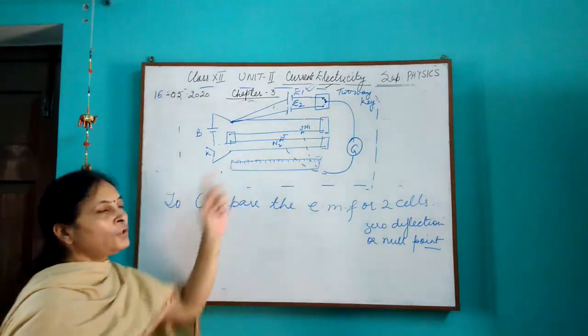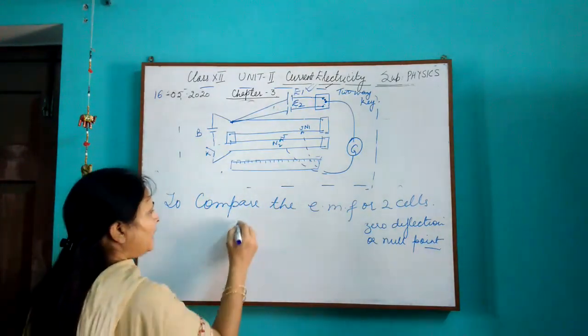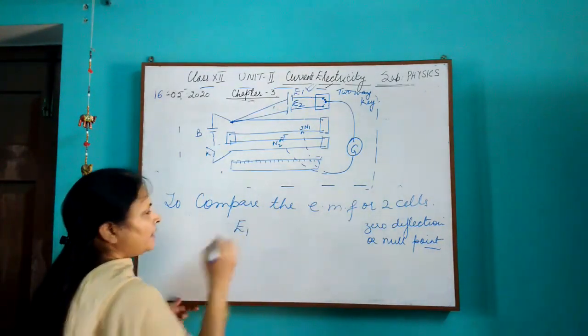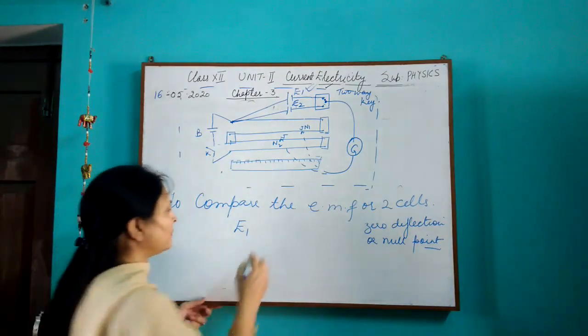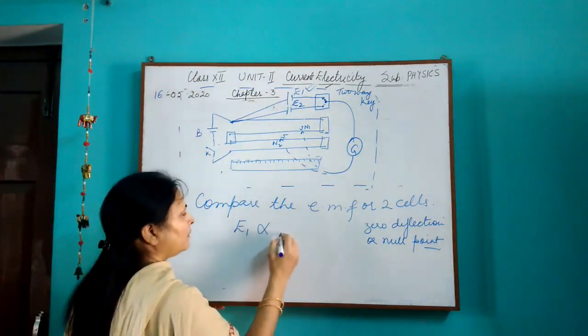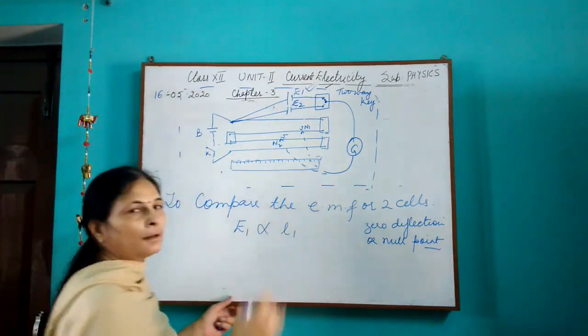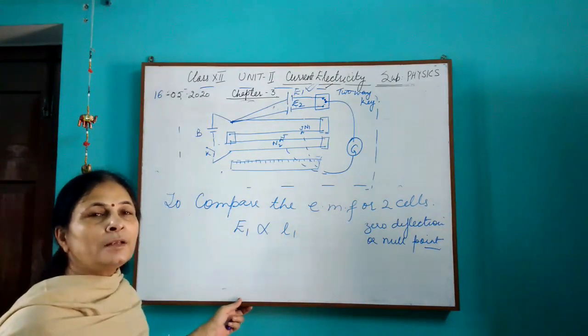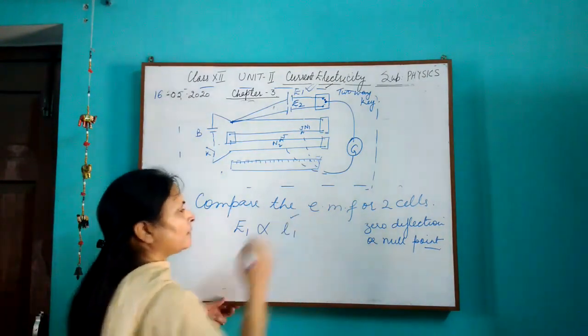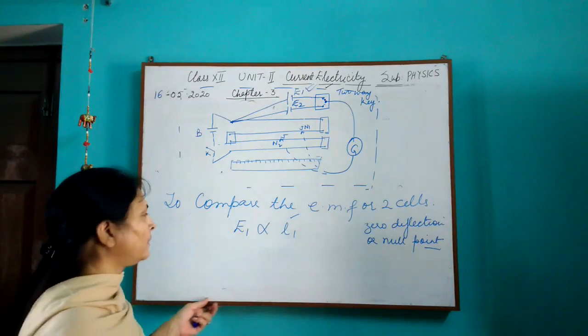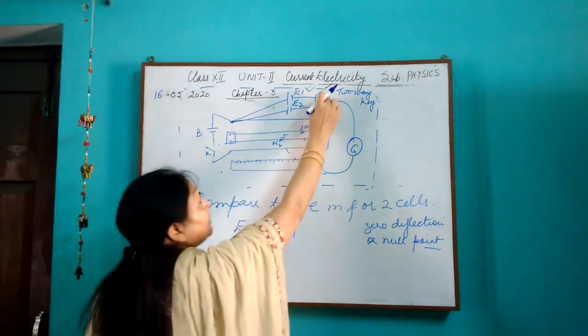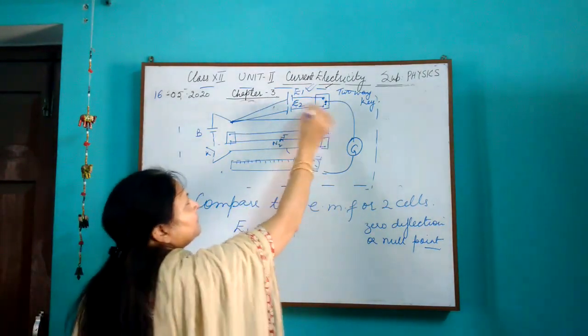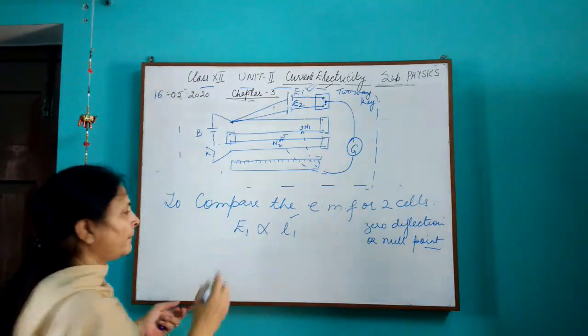Okay, so we'll move the jockey on the wire. Let, when the cell E1 is in the circuit, then say the null point is found at length L1. Now remove this key from here, put it here. Now E2 is in the circuit.